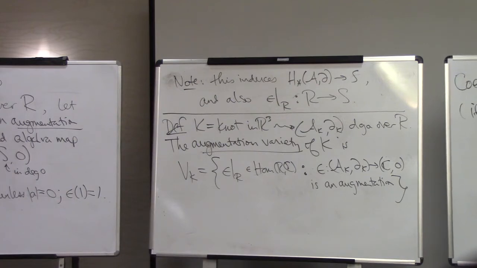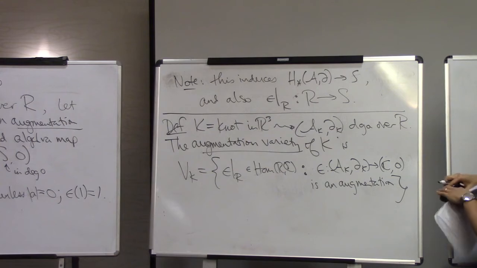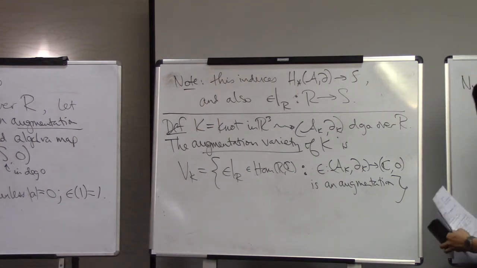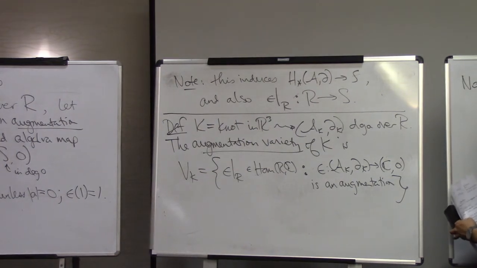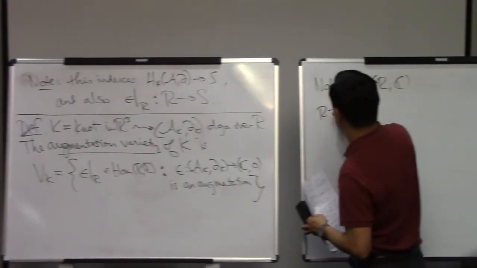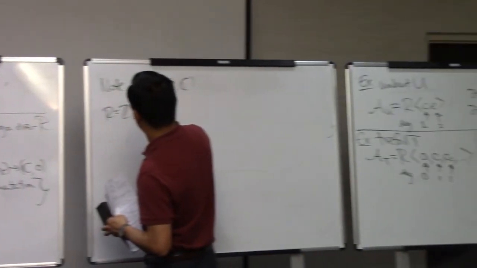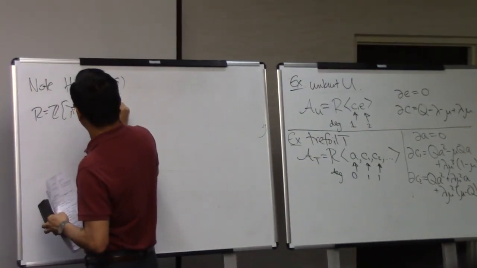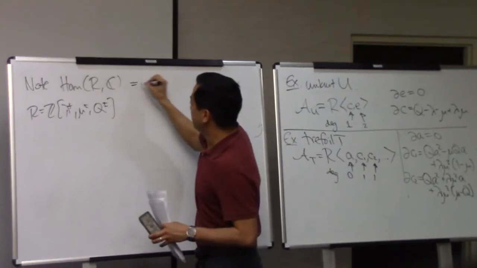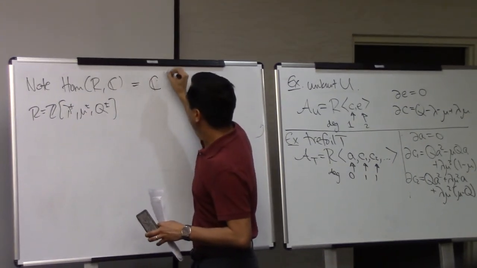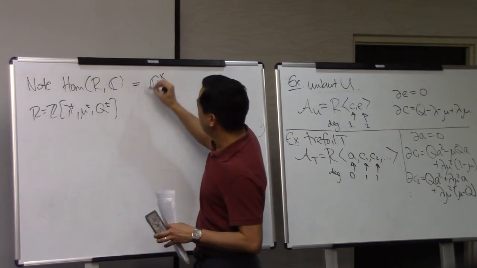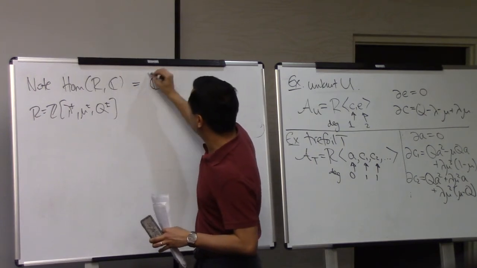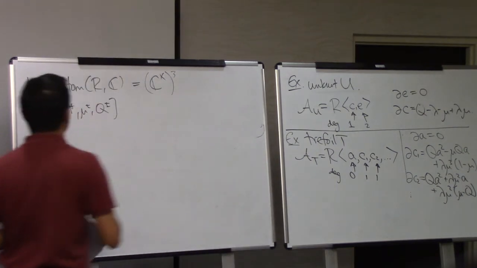So let's just note that Hom from R to C, where R is equal to this, is the same thing as C star cubed, so everything except for 0, cubed.